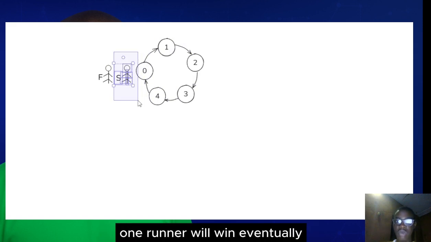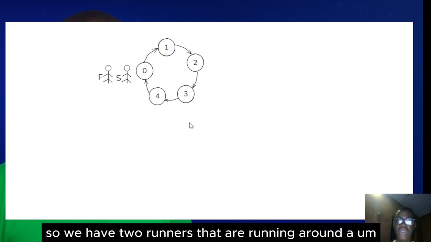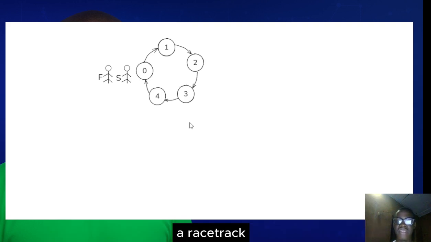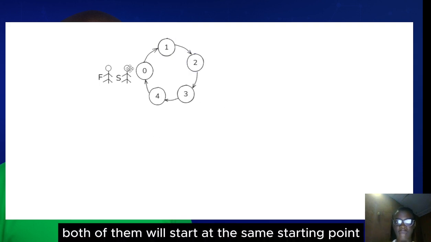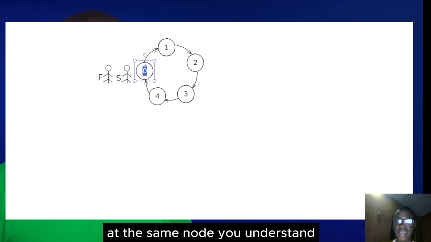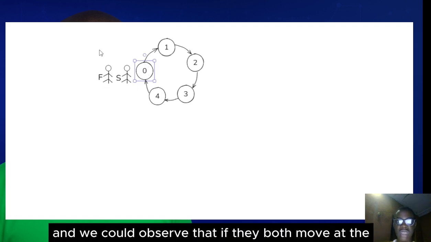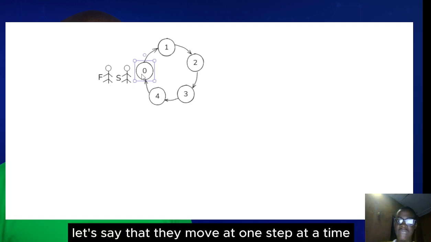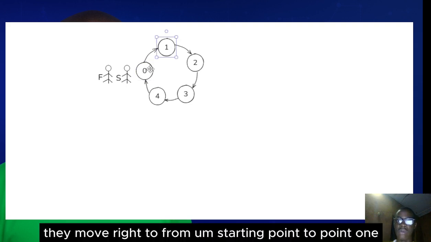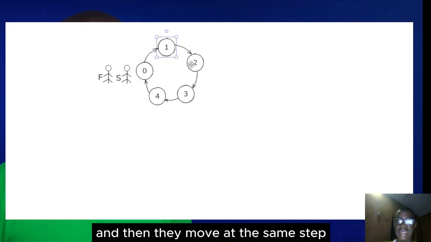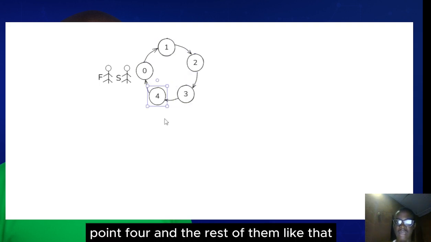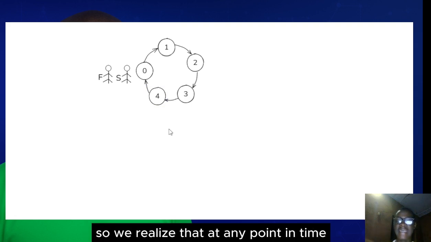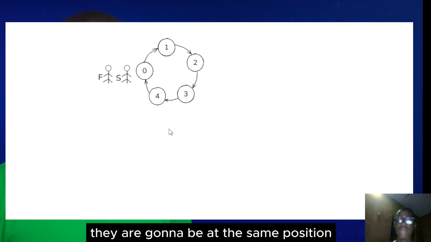Both of them start at the same starting point, at the same node, and if they both move at the same pace, let's say one step at a time, they move from the starting point to point 1, then to point 2, then point 3, point 4, and the rest like that. So at any point in time they are at the same position, at the same node.